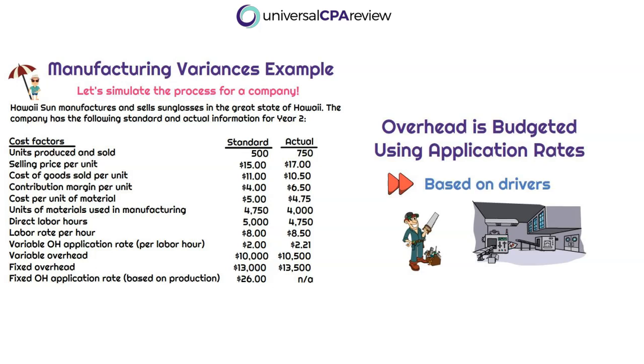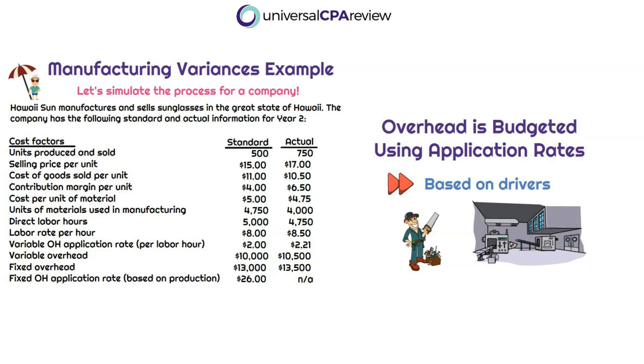Some companies will use labor hours, some companies will use machine hours. Whatever it is, that is how they determine what the budgeted amount of variable and fixed overhead is for a specific period. And then they can come up with the actuals from the financial statements, and that's how we can do the comparison. So we'll dive into the actual details of this as we go through each variance.